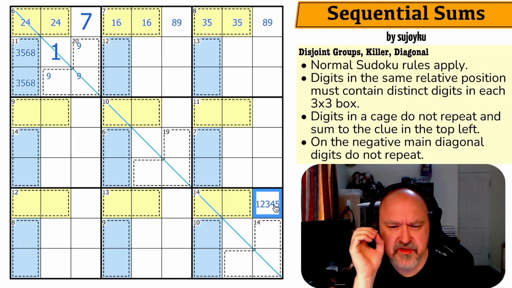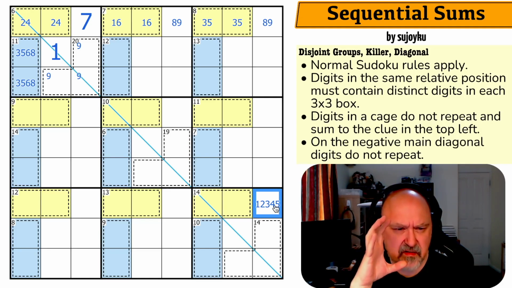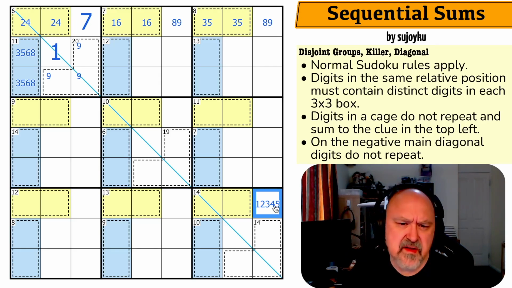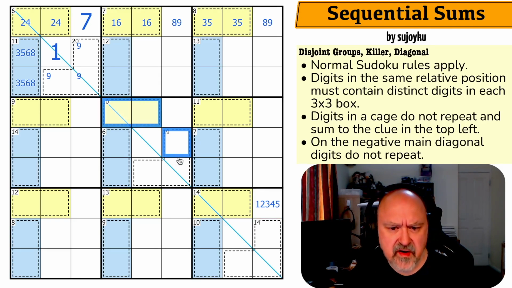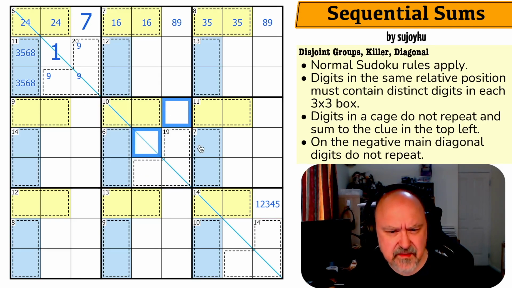There's going to be people who just look at this and understand it. I need to figure it out better. So here, 29, 35, these need to sum to 10. So there's no 5 in those, there's no 5 here. There's no 5 in any of those. 5 is in one of those.